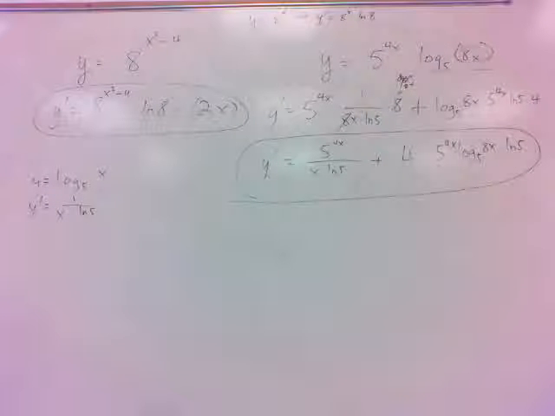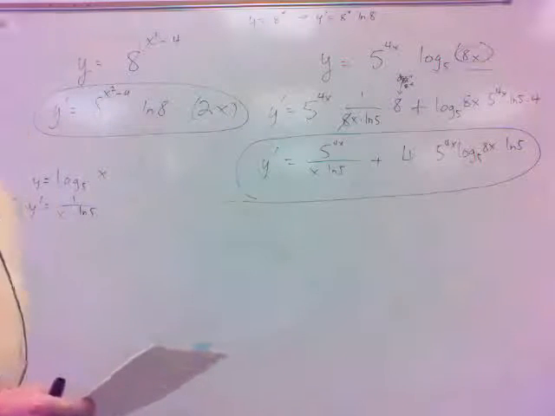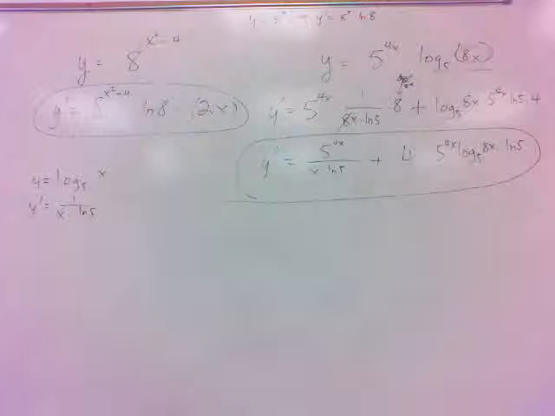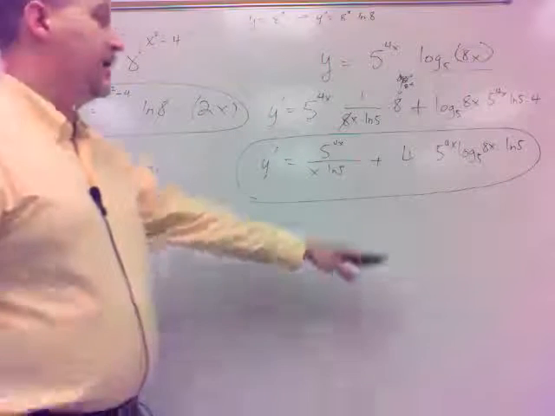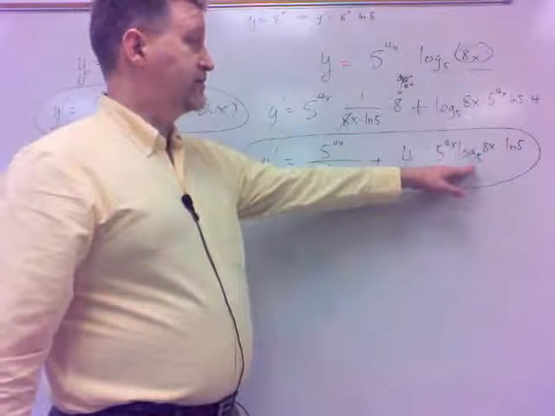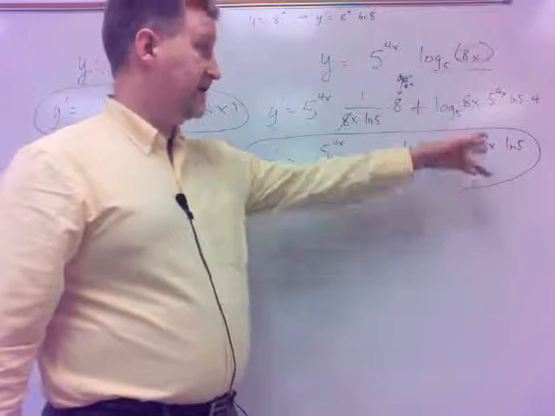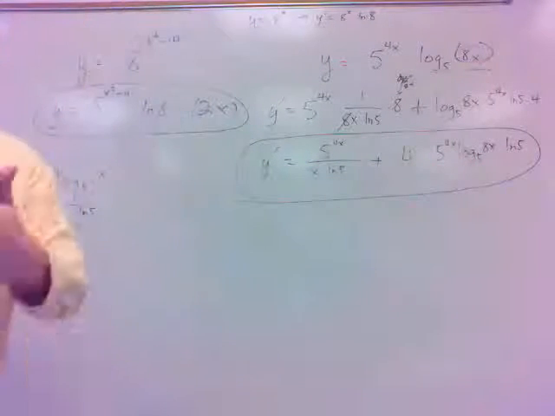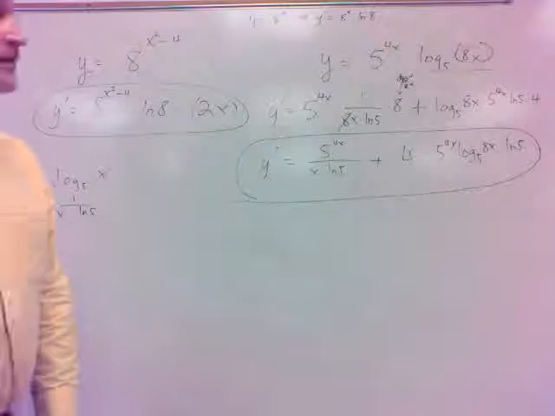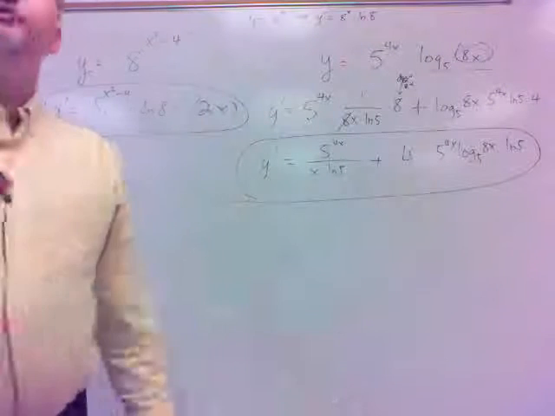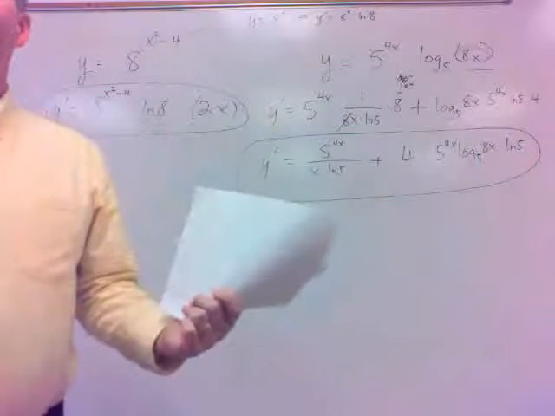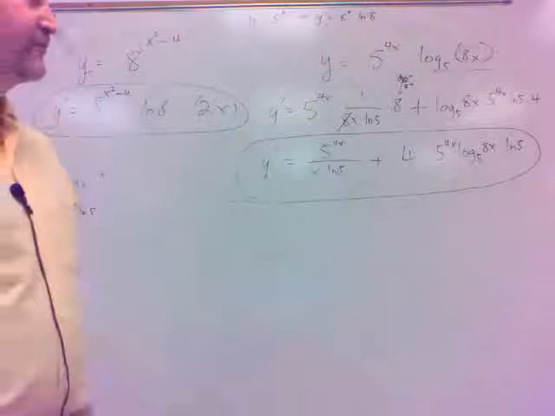Question? Yeah, okay. She's saying, what if we use the change of base theorem there, then we could get the cancellation of the ln of 5s. Okay, I'm with you there. Sure. There's usually more simplifying you could do if you spent a little more time or a lot more time.